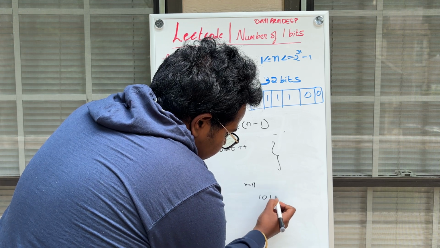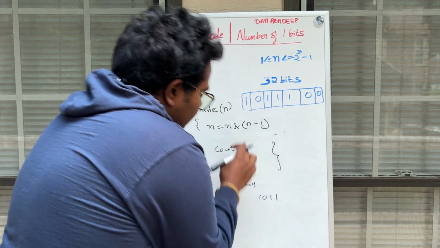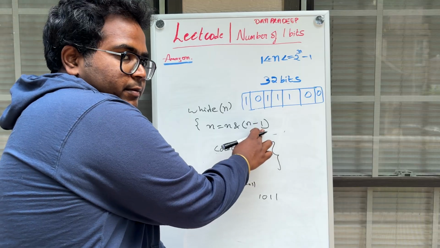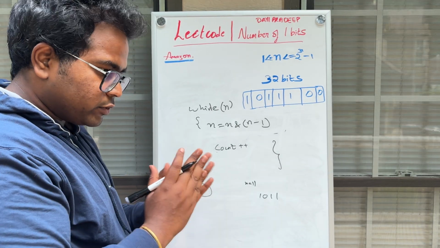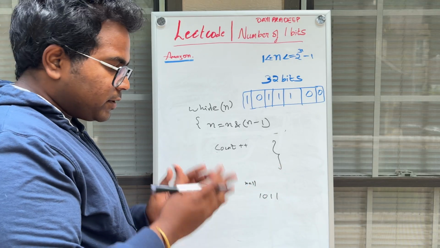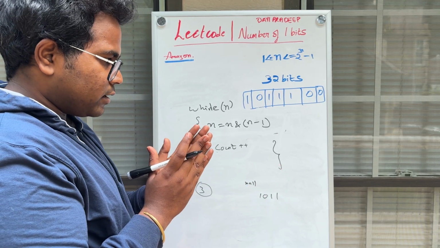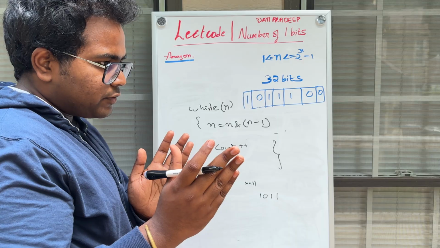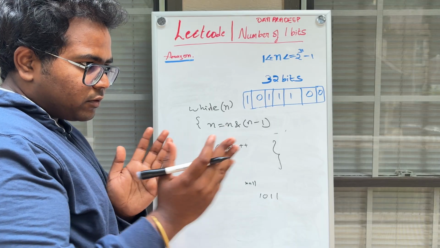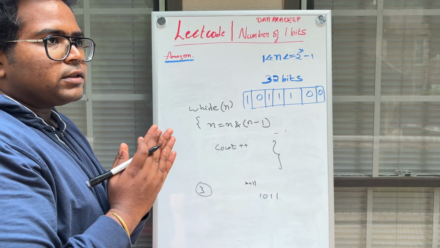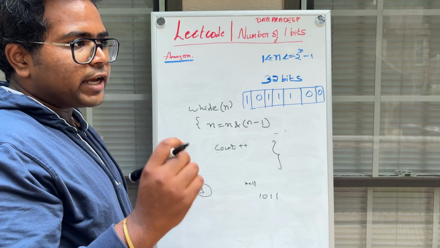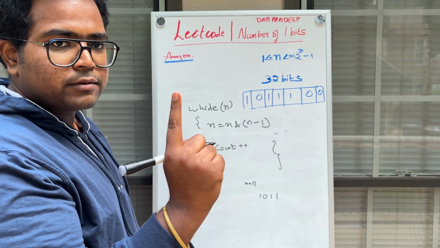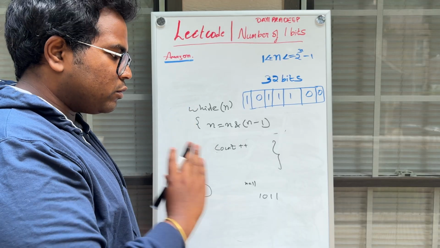Here you can see I'm reducing one value from that, which is nothing but removing one bit. I'm changing the positions of other bits. Whenever you subtract one from an integer, it's going to shift the positions of that number in such a way that it eliminates only one bit from the whole integer.